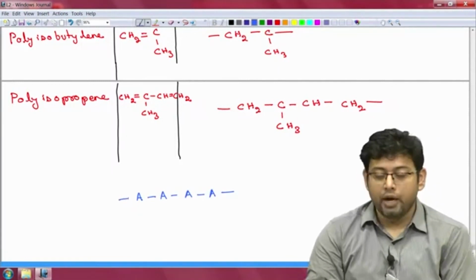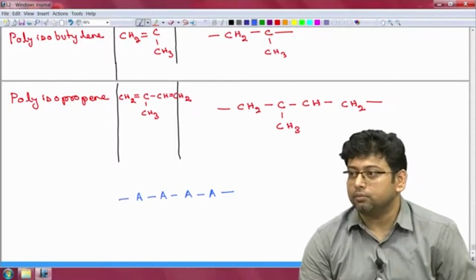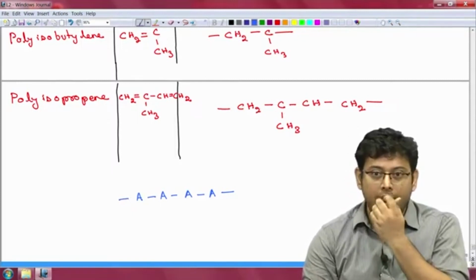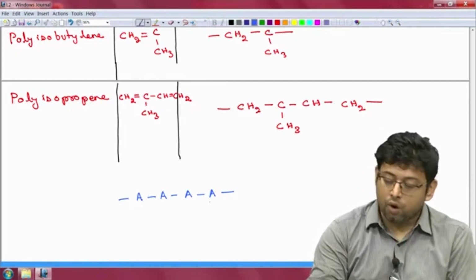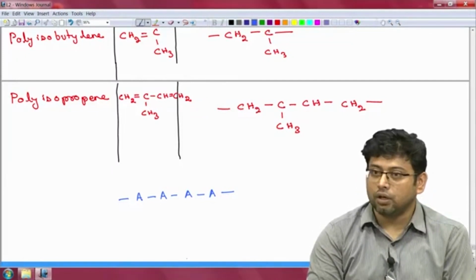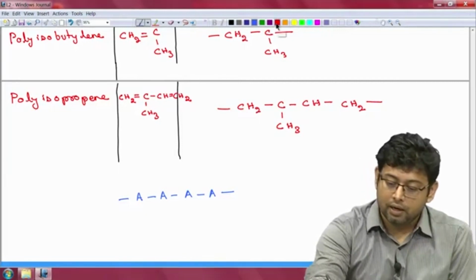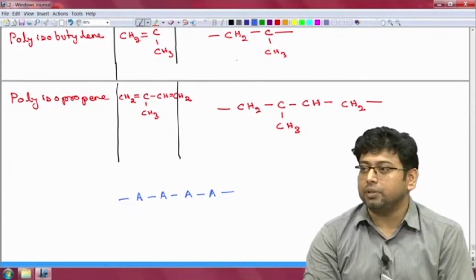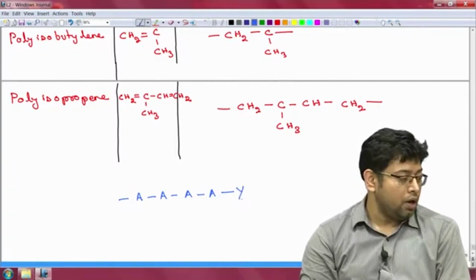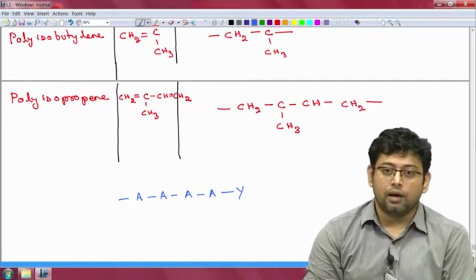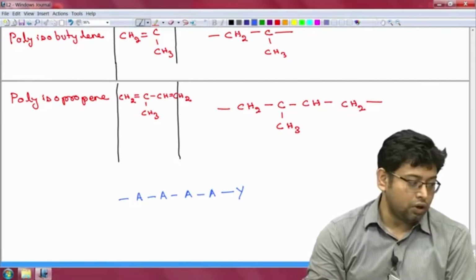At some point this chain has to end, and when the chain ends, it might not always end in the same structural unit. So, here I have already used X for something else, so maybe I will use the symbol Y. It ends in Y, which is a special unit, and this is also called the end group.